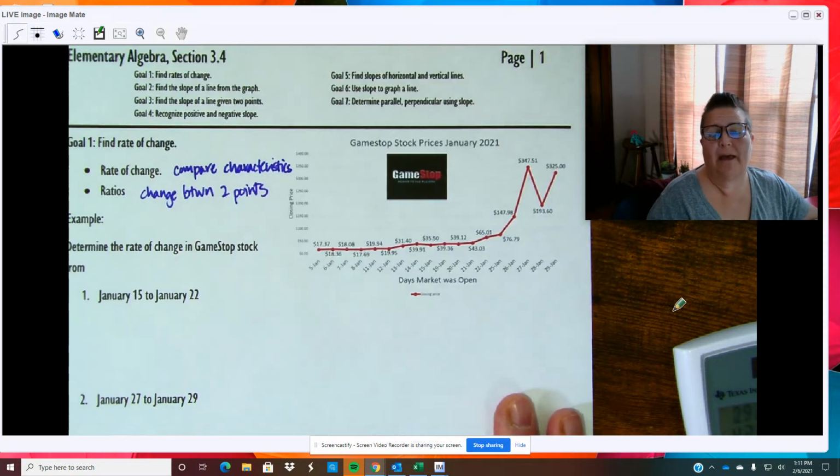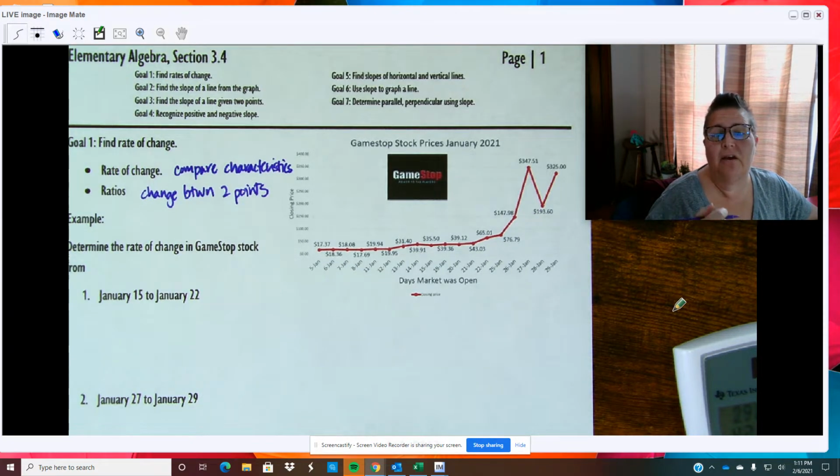So here's what we have. We have a graph of the GameStop stock prices from January 2021. What we're going to do is compare the number of days on the market to the price increase or decrease of that stock, right?